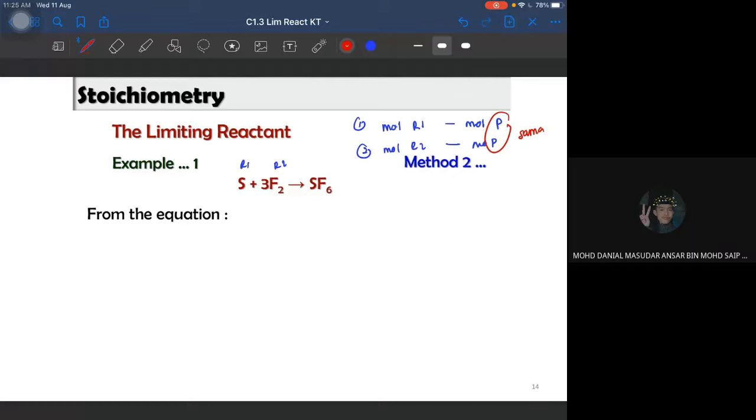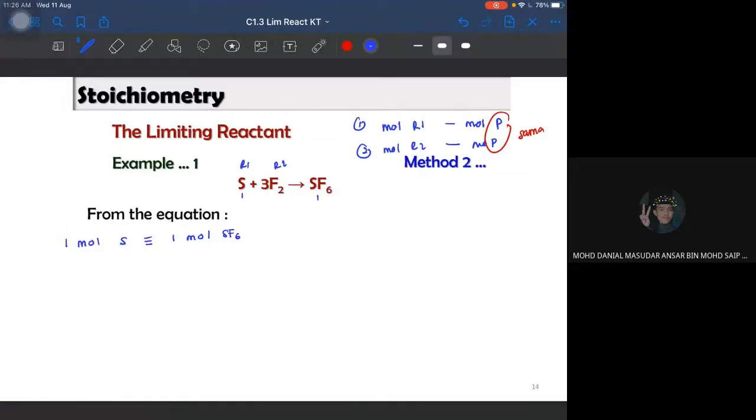So mole product ni kalau kamu ada 3 produk, kamu mesti pilih produk yang sama. Same product. Okay, so untuk this question, from the balance equation, kita tahu 1 mole of S akan hasilkan 1 mole SF6. Okay, 1 mole hasilkan 1 mole of SF6.